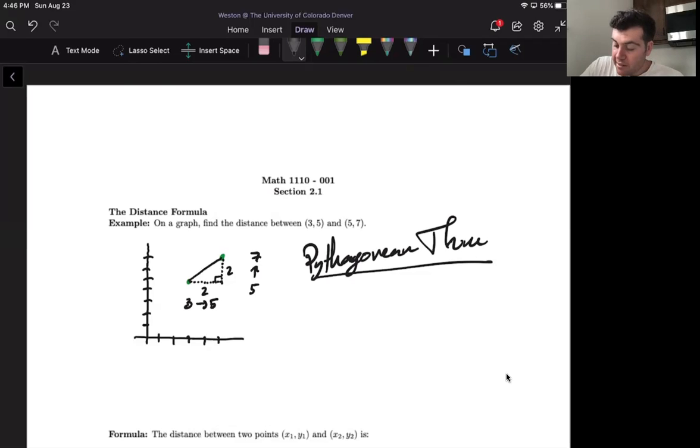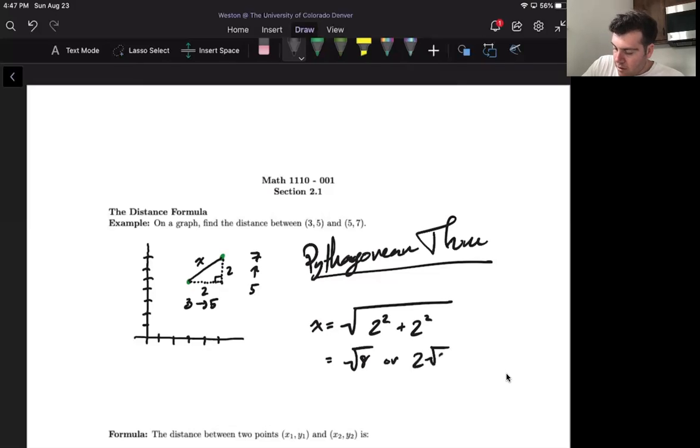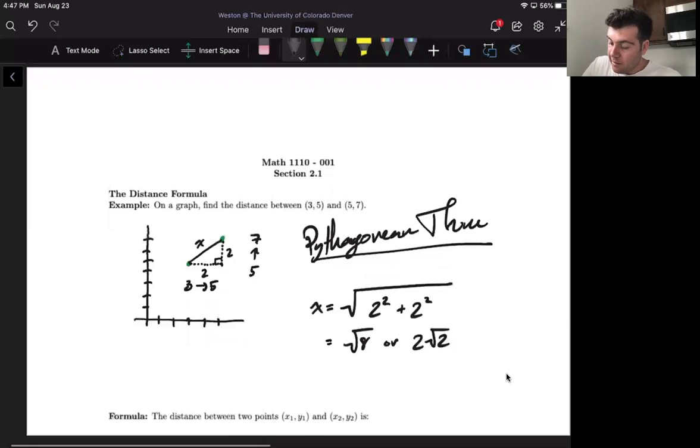Because that distance, let's call that distance x, then x equals the square root of 2 squared plus 2 squared, which is the same thing as the square root of 8, or 2 root 2, depending on how you like to write it. Both answers would be fine.